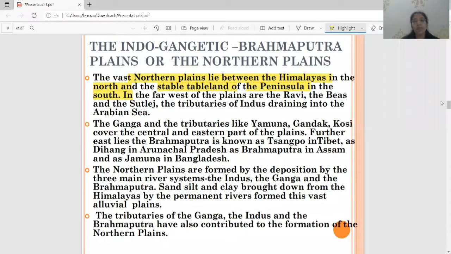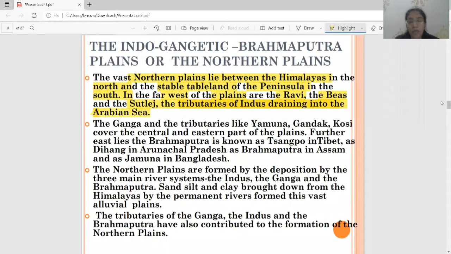West of the plains are Ravi, Beas, Satluj. These are the tributaries of Indus, they drain into the Arabian Sea. Underline. What does the word tributary mean?